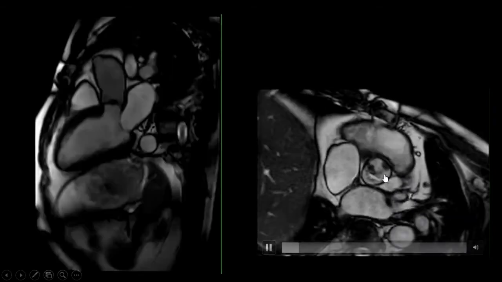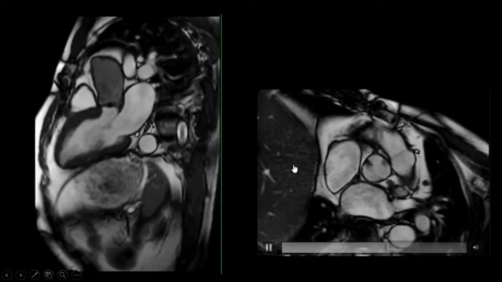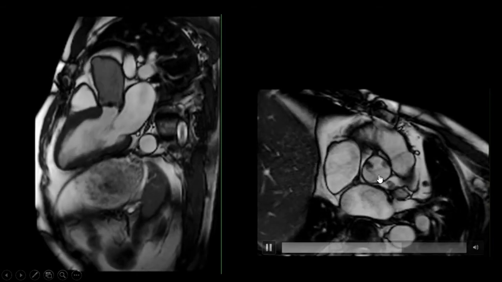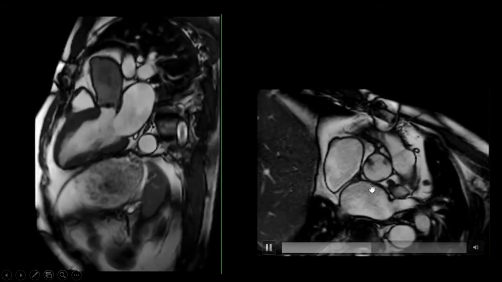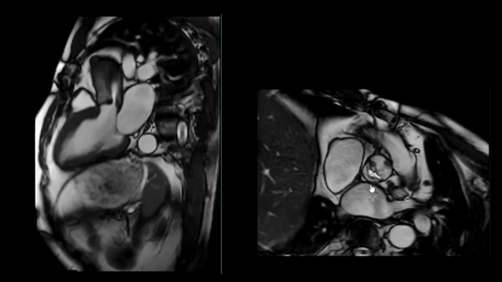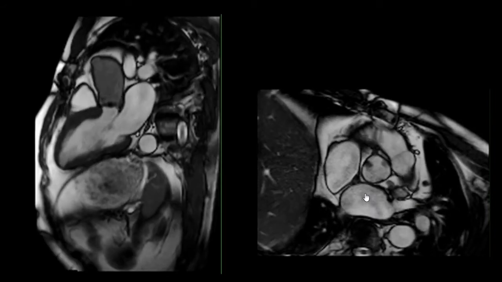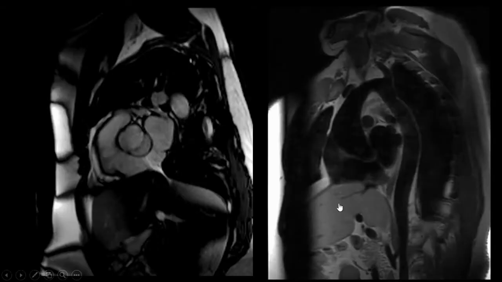This is a cross-section valve view obtained across the tip of the valve, which shows a functionally bicuspid valve with restricted opening. This can be used to calculate the valve area.